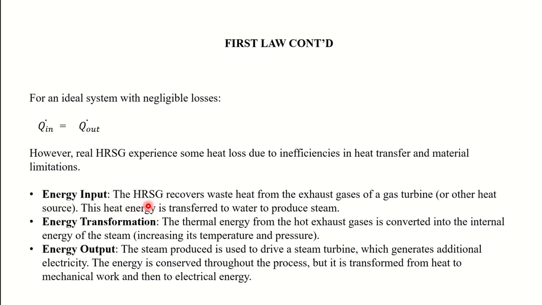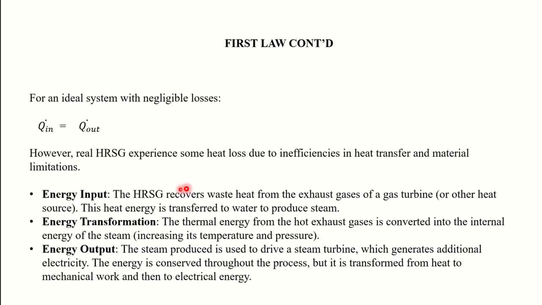Energy input. The HRSG recovers waste heat from the exhaust gases of a gas turbine or other heat source. This energy is transferred to water to produce steam. In other words, what the HRSG does is recover waste heat from the exhaust gases produced from a turbine and convert it into steam.